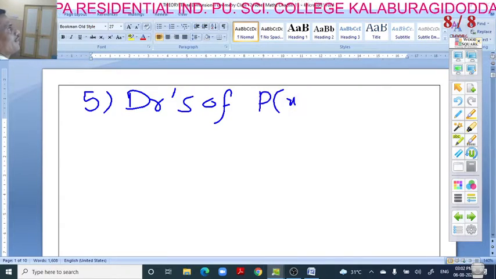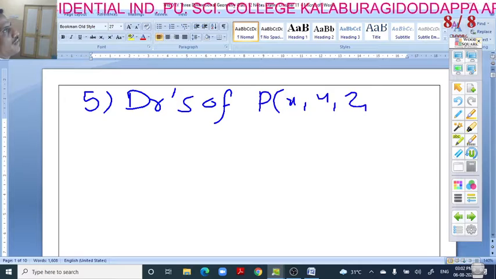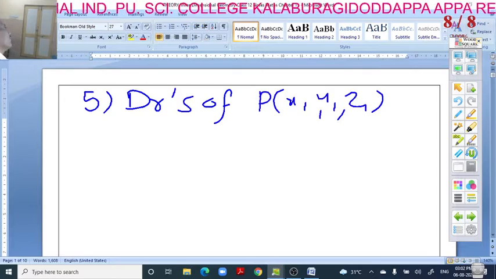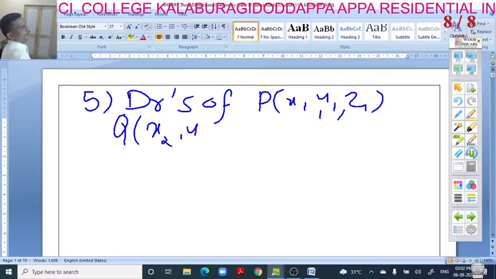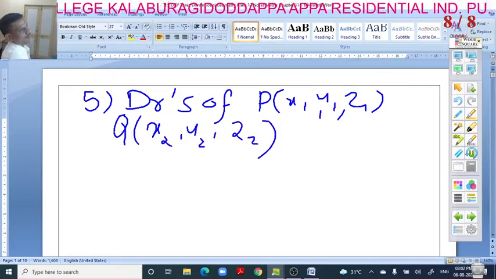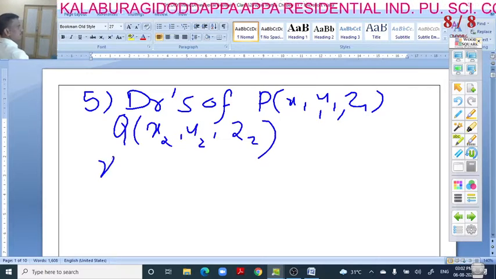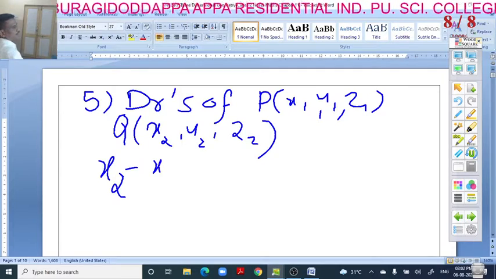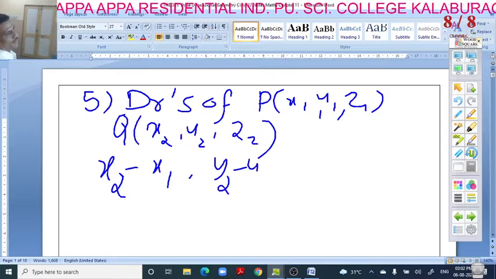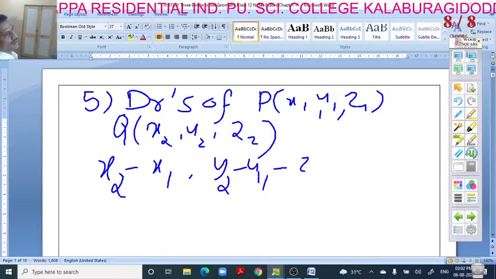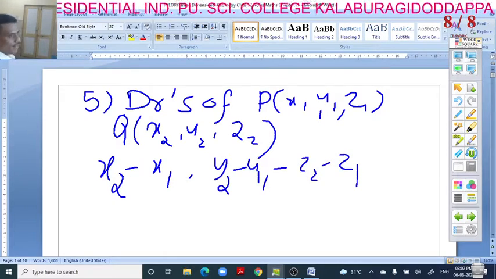Once again, P has coordinates x1, y1, z1 and Q has coordinates x2, y2, z2. The direction ratios are x2 minus x1, y2 minus y1, z2 minus z1.